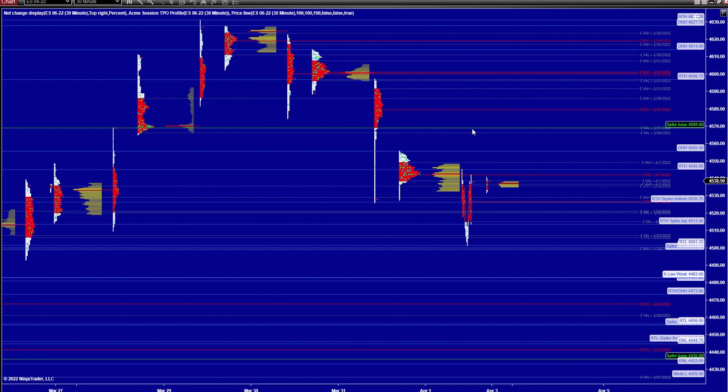If price starts trading right above this balance, then what would be the scenario? This would be a look below the balance, and then the market will potentially target the other end of the balance. But for that to happen, the market has to close one day right above 4570 the following week.